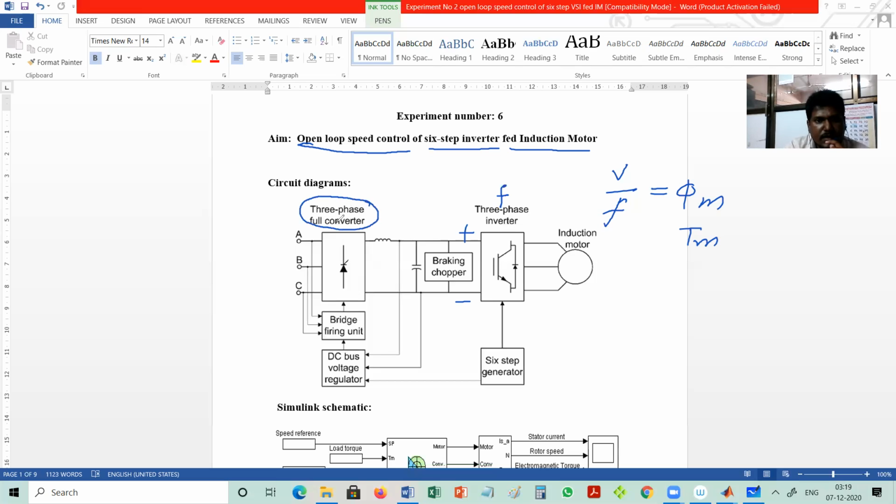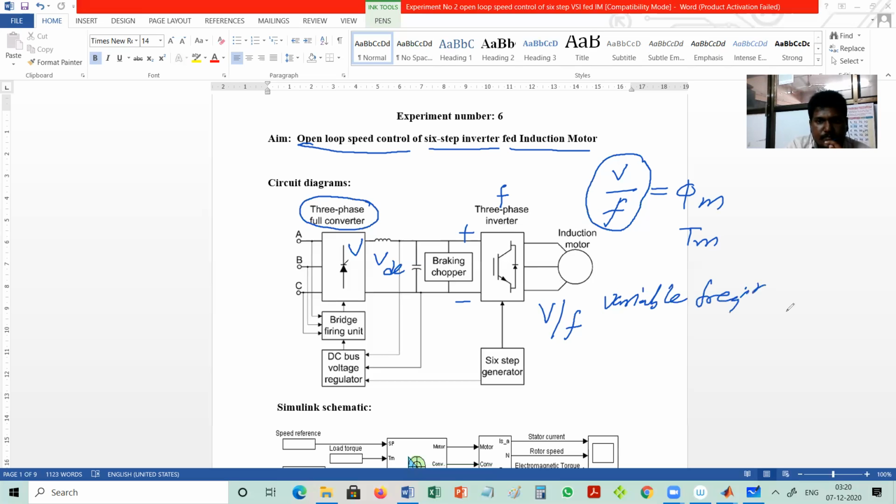The three-phase full converter will vary the DC link voltage VDC, and thereby the voltage part of the V by F. By varying the DC link voltage we vary the RMS value or amplitude of the output AC voltage, and by varying the frequency we are maintaining the V by F ratio constant.